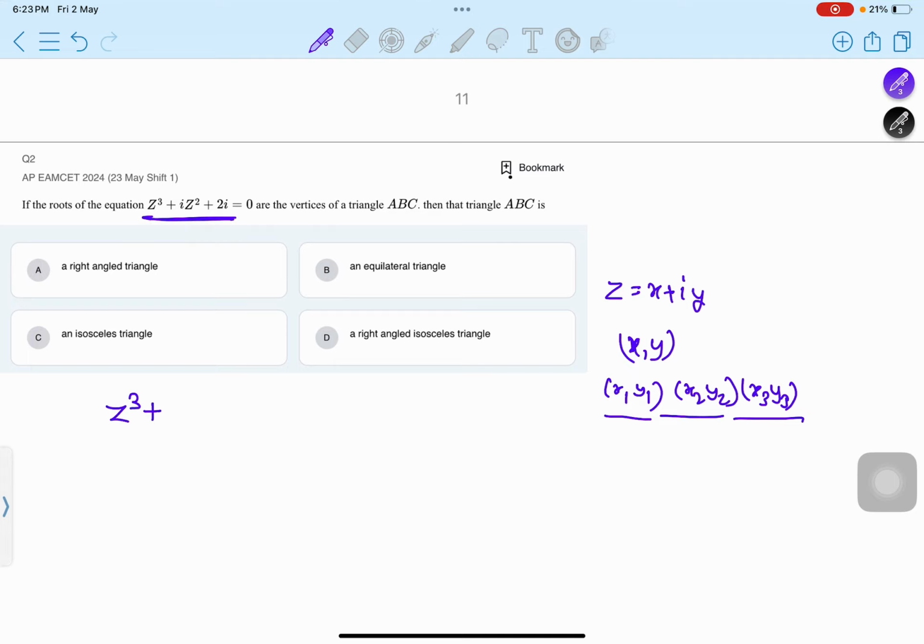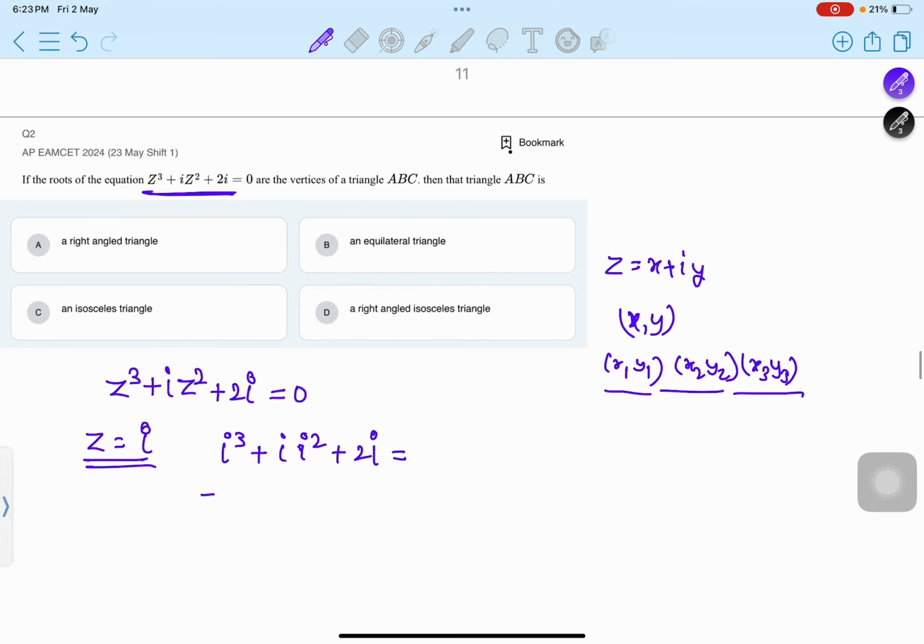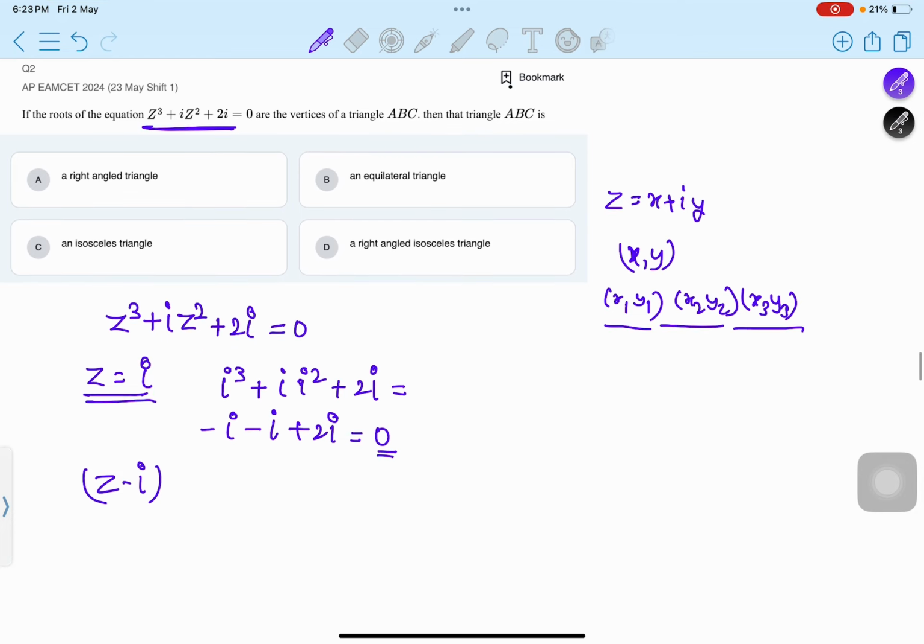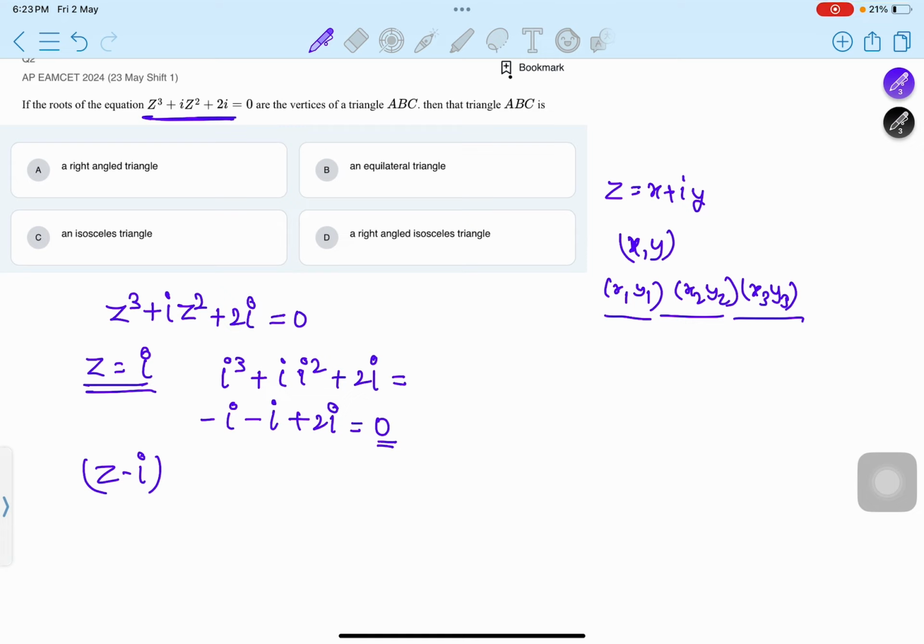Check z = ±i. Put z = i: i³ + i·i² + 2i, where i³ is −i, i·i² is also −i, plus 2i, so it satisfies. So z − i is one root. Then divide by z − i to find the other two roots.